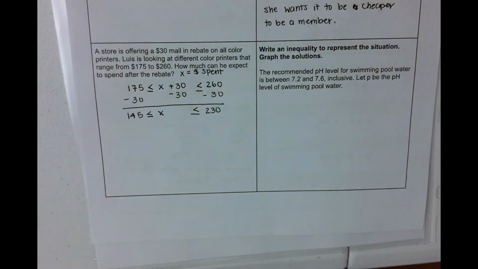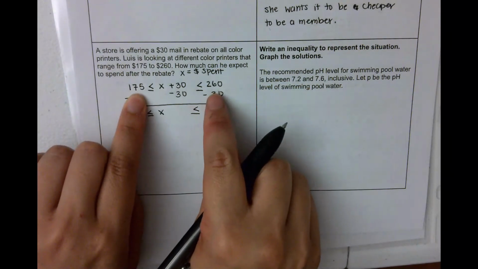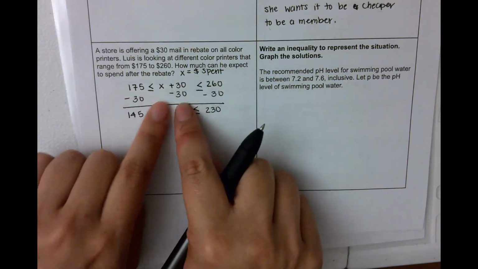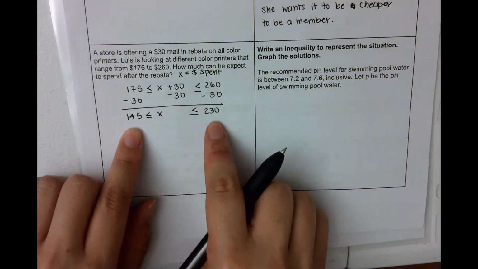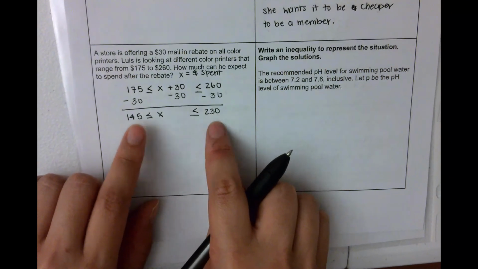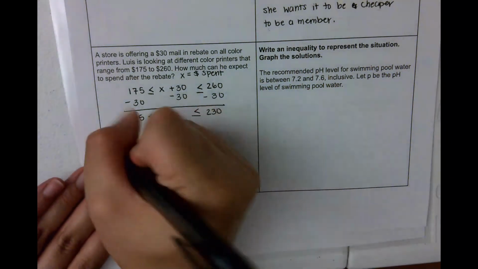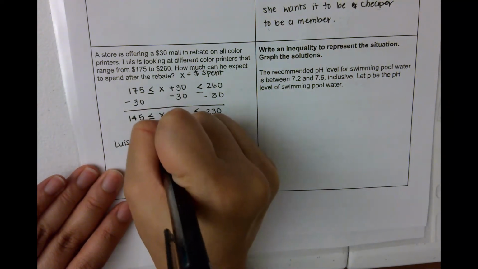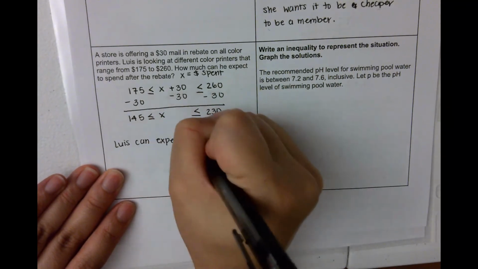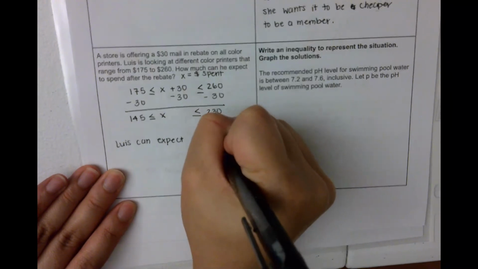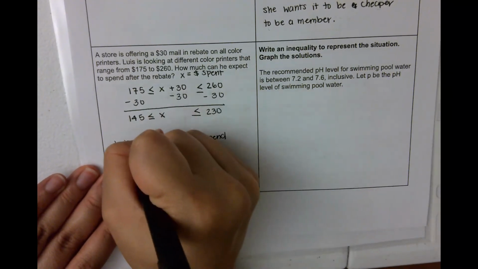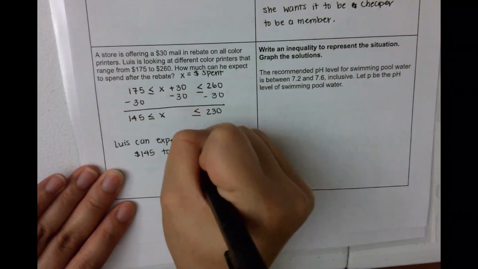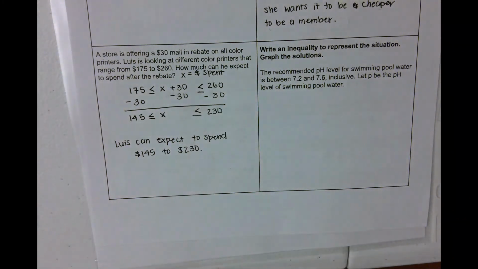So even though he's looking at printers from 175 to 260, because he's going to get back $30, if we subtract 30 from each, we get the amount he's actually going to spend, right? So Lewis can expect to spend $145 to $230 because he's getting those $30 back.